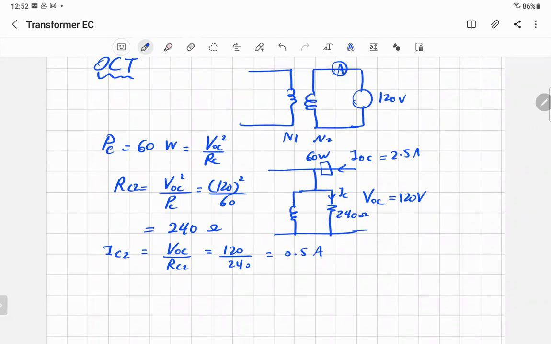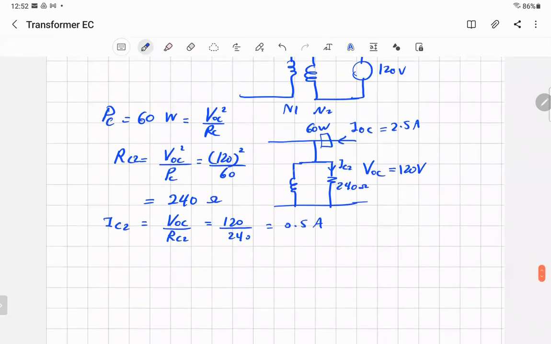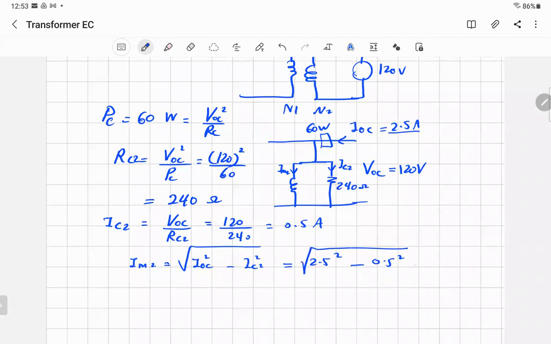So once you find IC2, the next step, find IM2 directly. How do you find IM2? IM2 is equal to the square root of the total open circuit current squared minus IC2 squared. The total current here is 2.5 squared minus IC2, we just got it, 0.5 squared amp. And then you calculate IM2, which is equal to 2.45 amp.